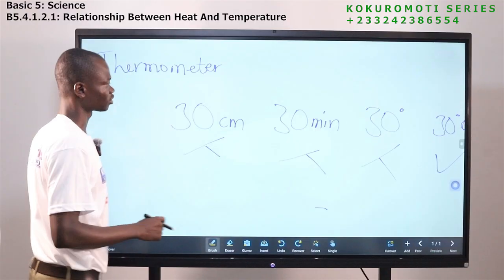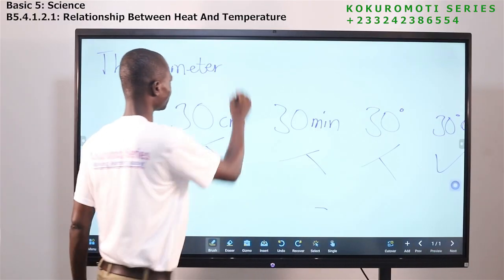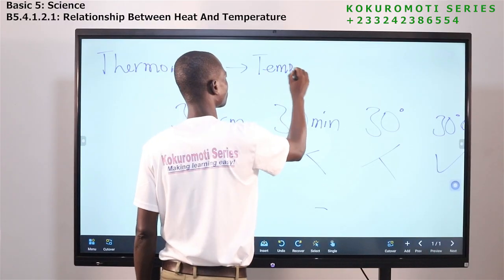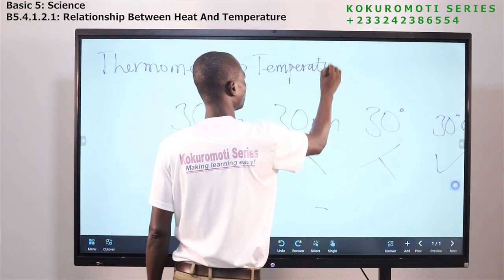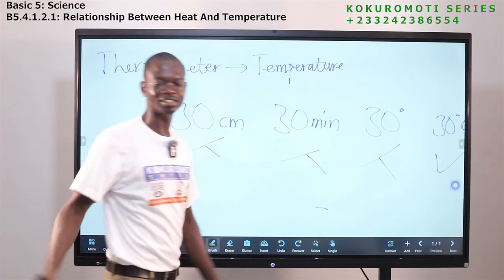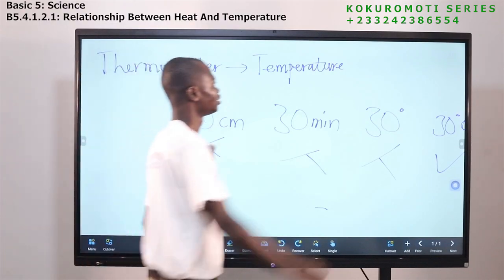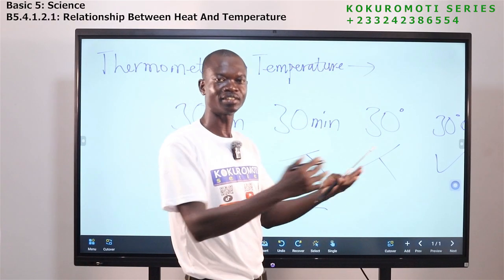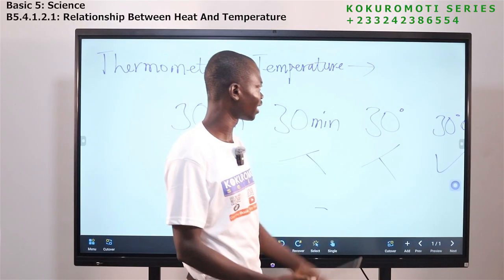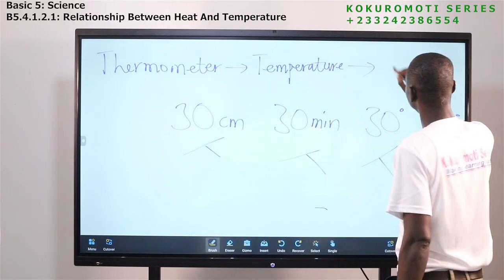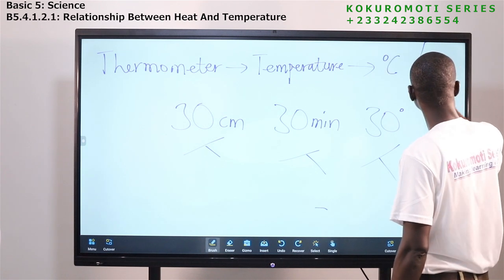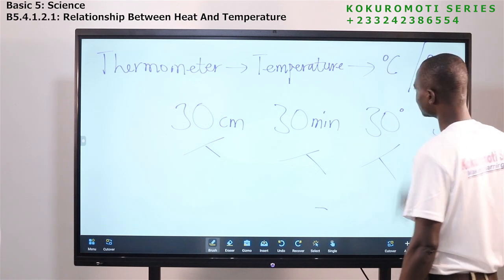You use thermometer to measure what? Temperature. And after measuring the temperature, what you get, you need to write in degrees Celsius or in degrees Fahrenheit. So temperature is measured in degrees Celsius or degrees Fahrenheit.